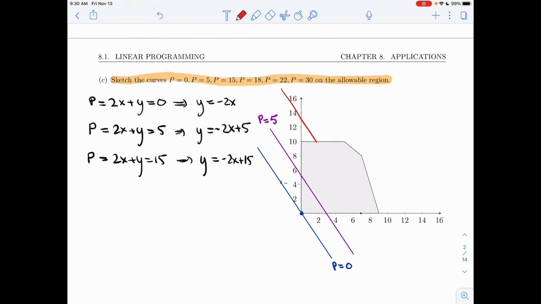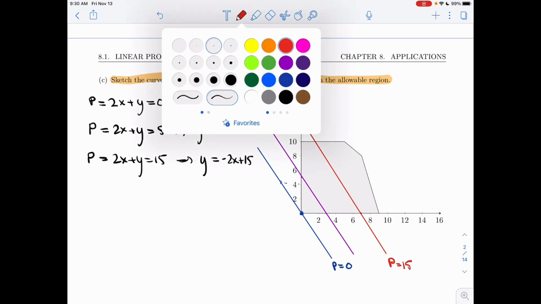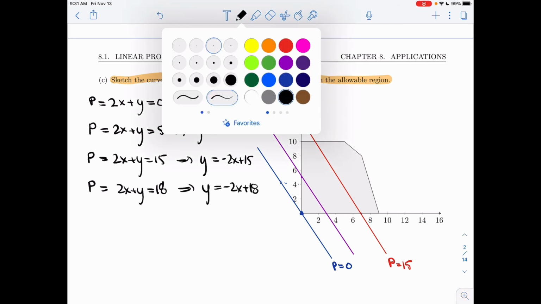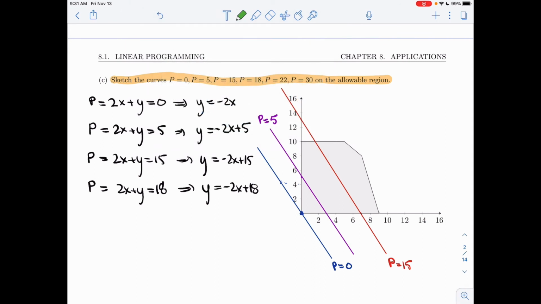So you can see as I increase the value of p, I'm getting a parallel line that's further out. So here, this one is 18, so 9 and 18, a bit higher.